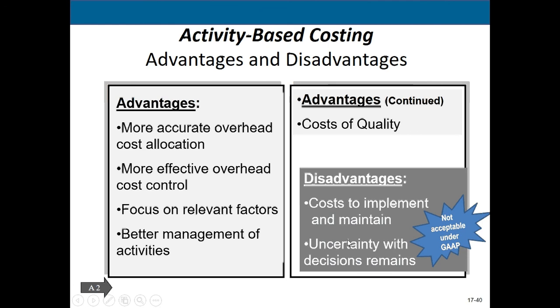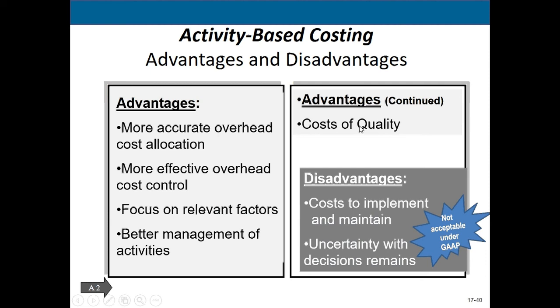The biggest one is that it's hard. The cost to implement and maintain it is going to be a little bit more because it's much more difficult. There's still some uncertainty with decisions. You can never be perfect in this because it's still a guess. The biggest disadvantage is this one, that it's not acceptable under generally accepted accounting principles. So if you're using activity-based costing in your managerial accounting to allocate overhead, you must also use the plant-wide rate when you report for financial accounting.